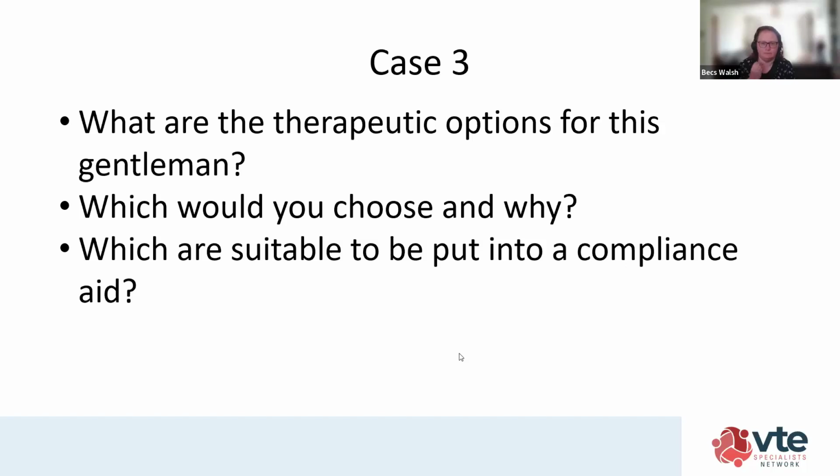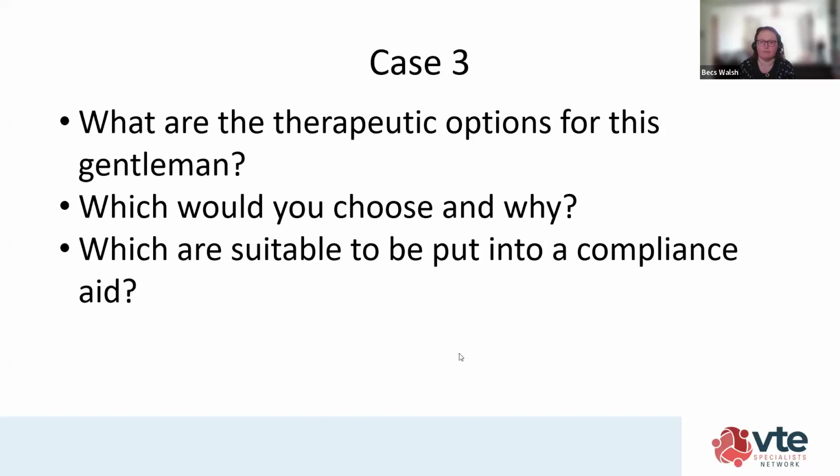Yeah, so, good. Interesting that you've nearly all gone with a low molecular weight heparin lead-in. I mean, you need it for edoxaban, but not many were prepared to go straight to apixaban or rivaroxaban. I didn't think rivaroxaban was a brilliant option for him because of his poor appetite.